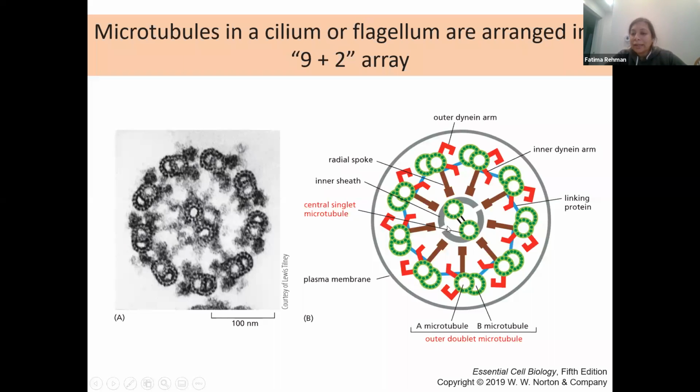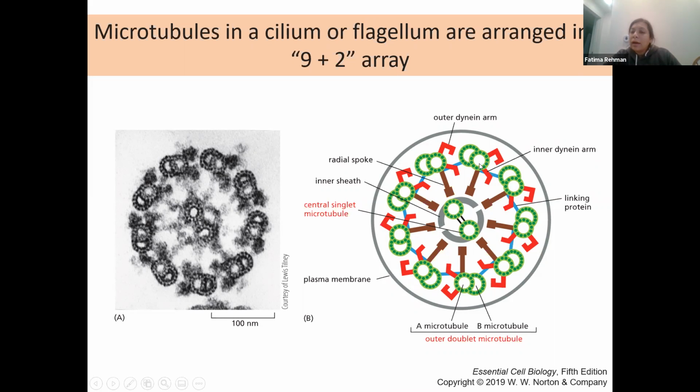So by creating the structure, it's again providing you multiple levels of stability, right? So you have those 9 doublets that are linked to each other through linking proteins. Each doublet is also linked to the central core with the help of additional proteins.